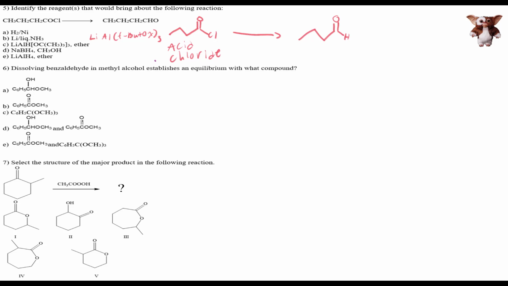Well, in this problem, if you're using tert-butoxide with lithium aluminum hydride, then the intermediate structure is going to stay pure. Nothing else is going to react with it because it's so sterically hindered. It's not going to be able to do it. So we can actually isolate the aldehyde. It's kind of a weird reaction, but it's basically the same thing.